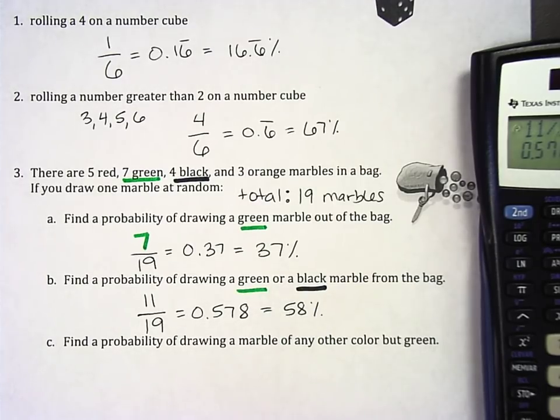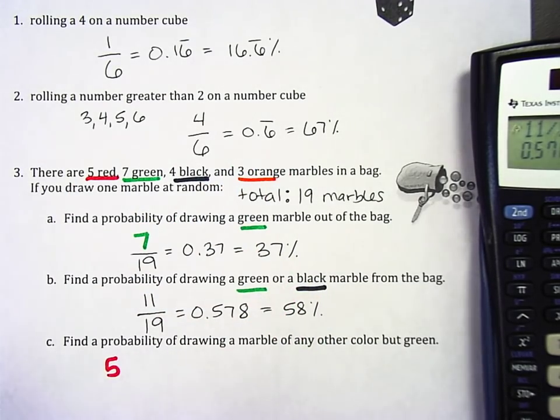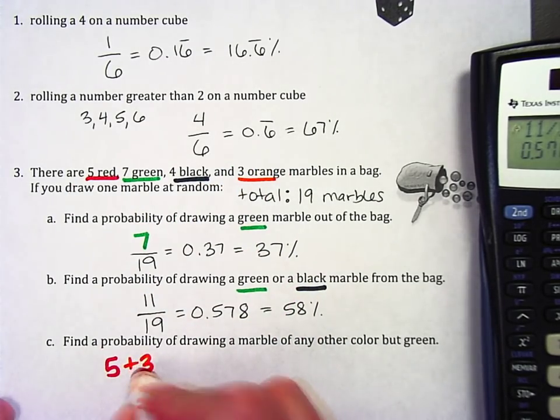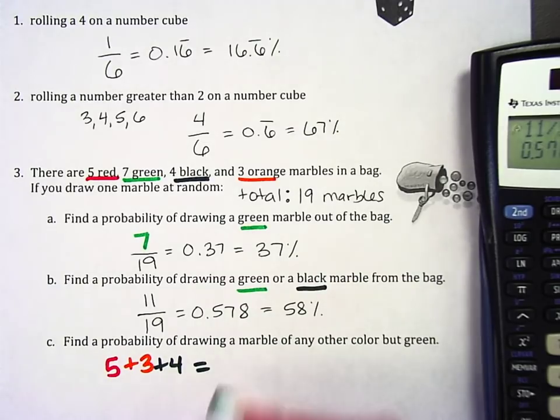I added them together. If it's anything other than green, then I'm going to add up all my other ones. So I had 3 orange, 5 red. I'll just make a note down here. And 4 black, for a total of 9 plus 4 is 13.